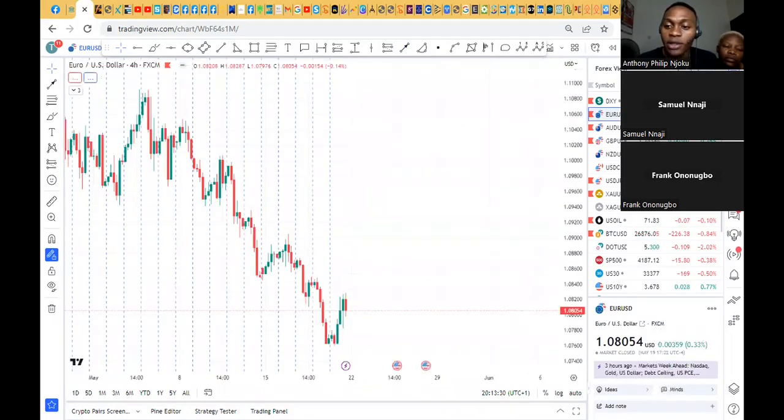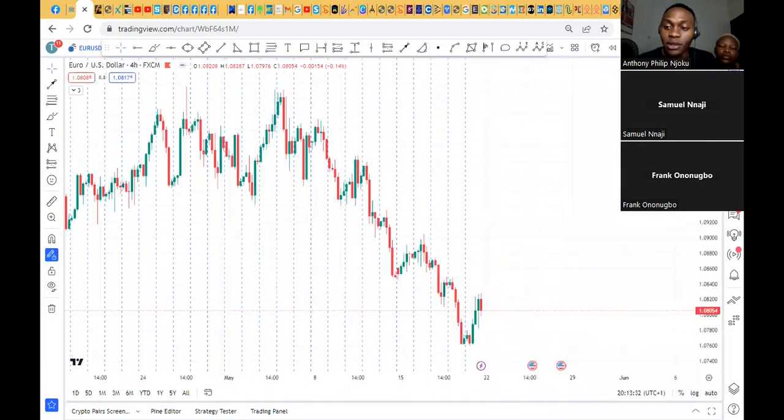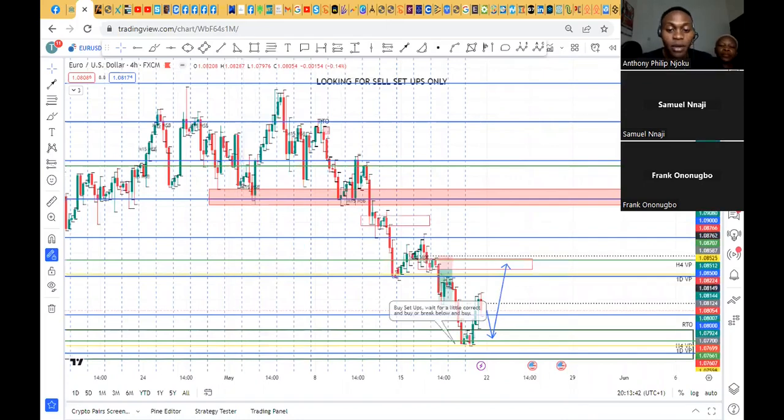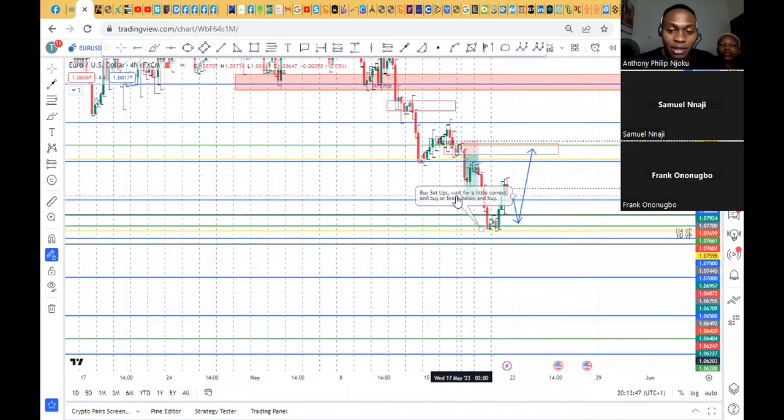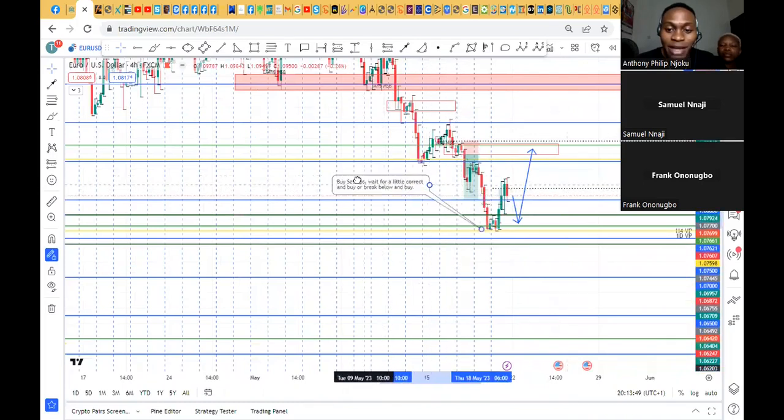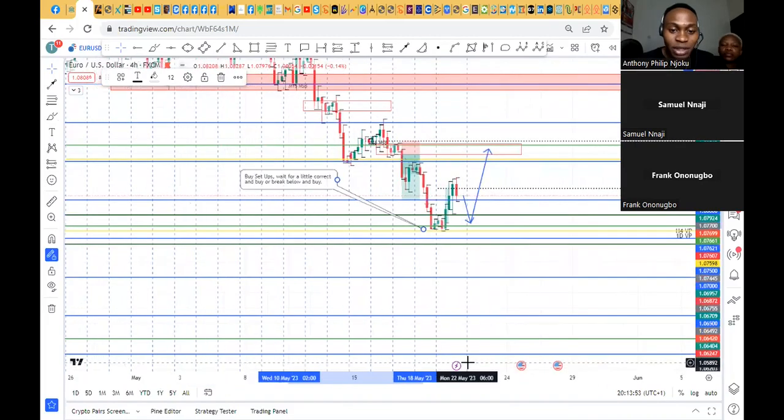So the next on our list is Euro USD. For DXY, my major setup is for a sell bias. For Euro USD, this is my favorite pair. I milked this pair last week.